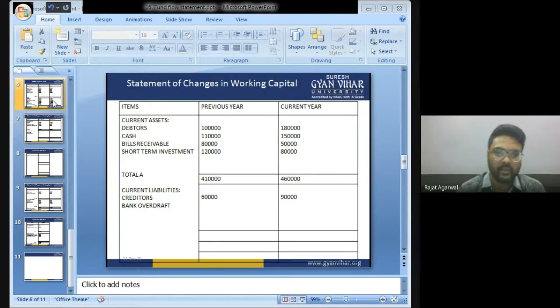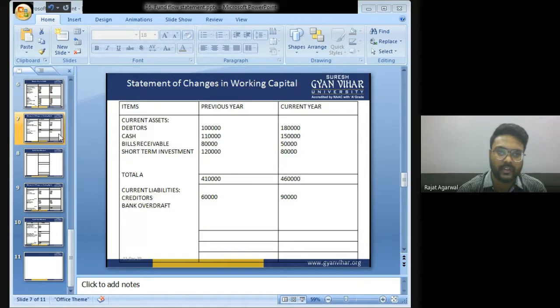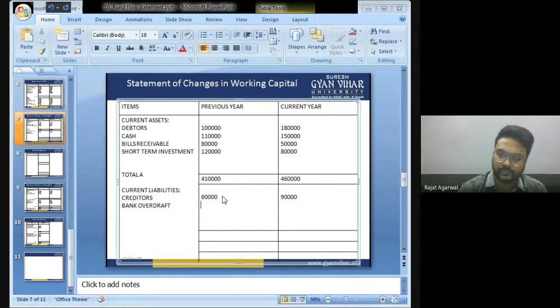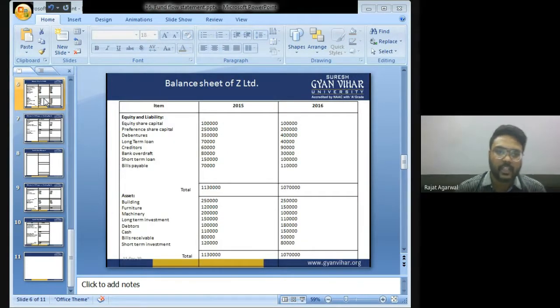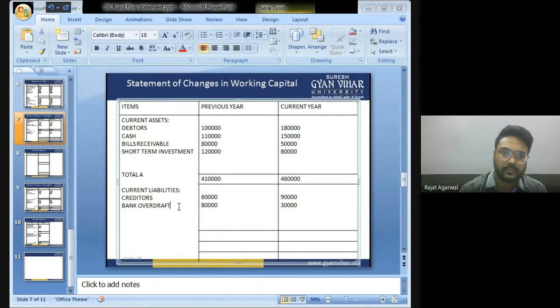How much is bank overdraft? Bank overdraft is 80,000 and 30,000. After bank overdraft, short-term loan.